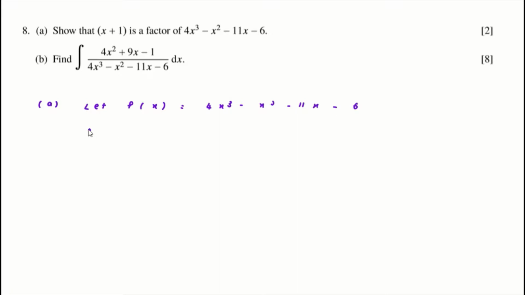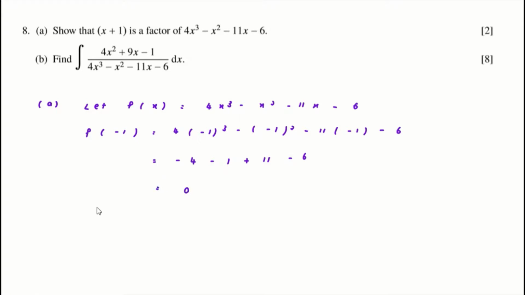So f(-1), let's check. 4 times negative 1 cubed, minus negative 1 squared, minus 11 times negative 1, minus 6. So we have negative 4 minus 1 plus 11 minus 6. Negative 5 plus 11 is 6, 6 minus 6, then you get 0.